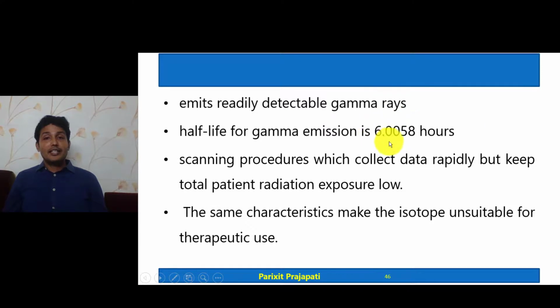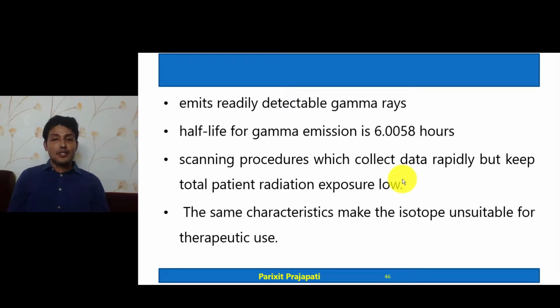Because it has a very short half-life, it can be used in scanning procedures which collect data rapidly but keep total patient radiation exposure low. Since the half-life is only 6 hours, it can be used for this kind of scanning procedure.